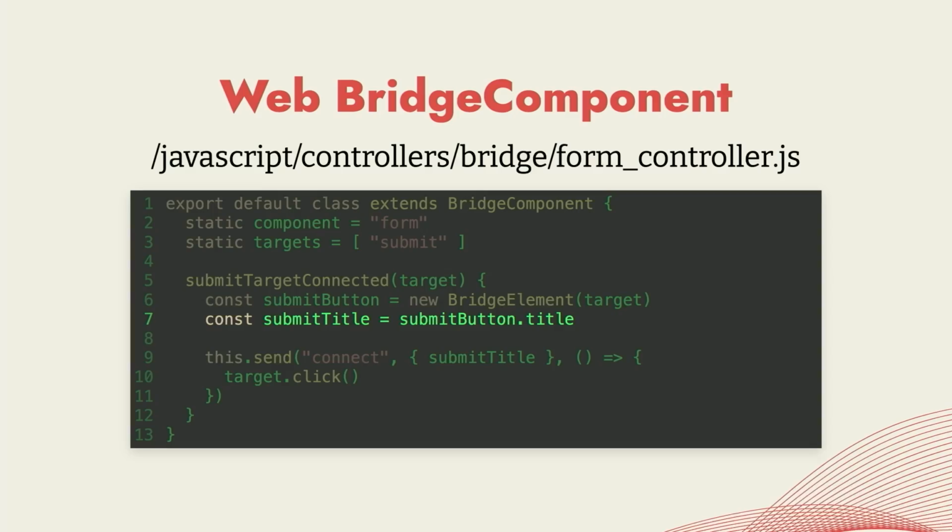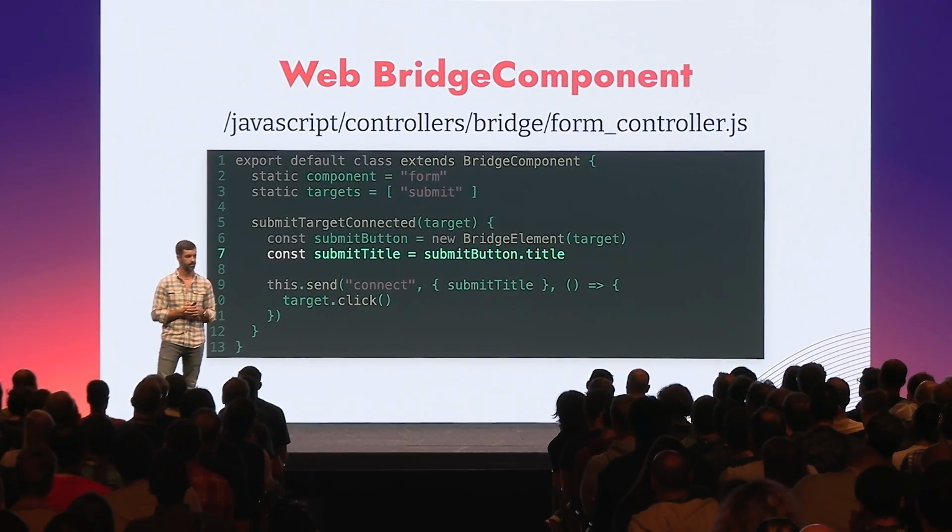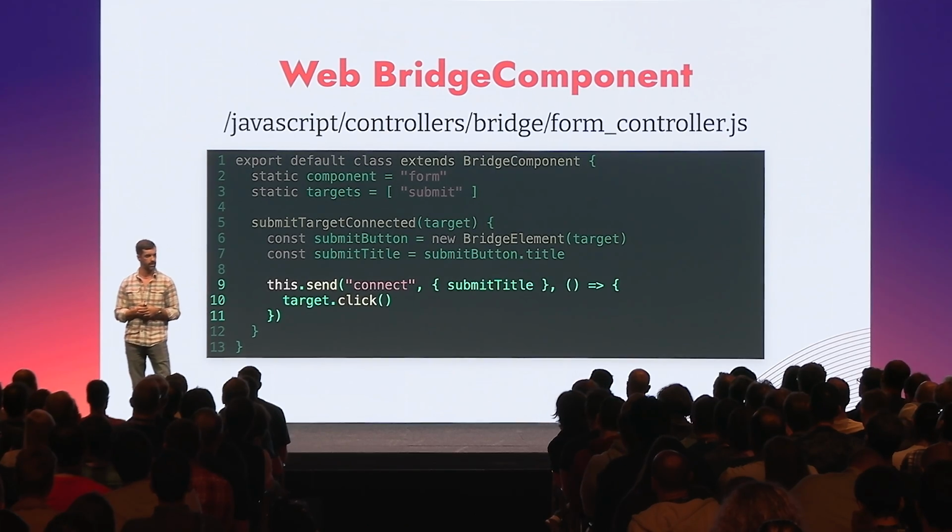One of the things you can do is easily set up titles for your elements, and you can reuse your own web titles, or you can come up with Strada-specific title attributes for your native apps. So for example, the web app button says save changes. If we wanted to just say save, it'd be trivial to do that with extra markup on your elements.